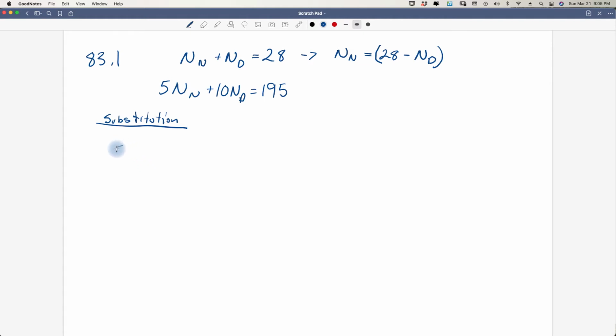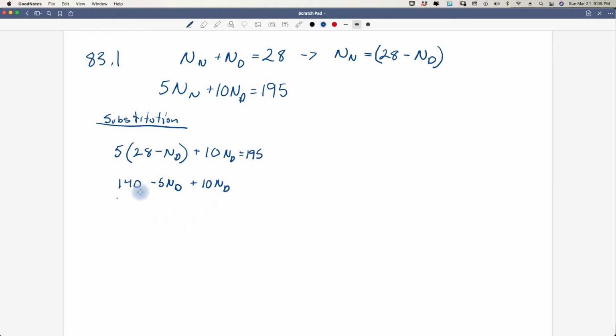So let's do that now. 5 times 28 minus the number of dimes, plus 10 times the number of dimes equals 195. 5 times 28 is 140, and 5 times negative number of dimes is negative 5 times number of dimes, plus 10 times the number of dimes.